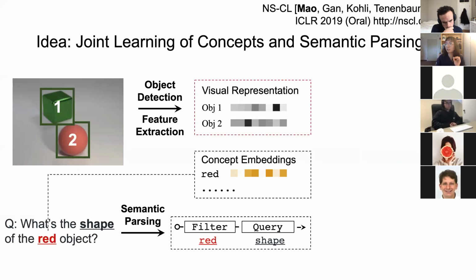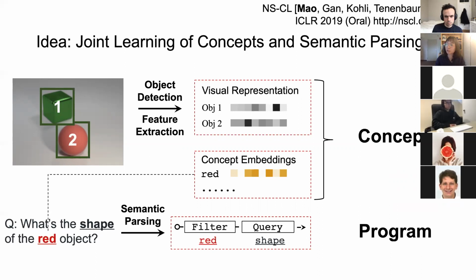So we're interested in learning three things in this loop. The first part is the visual representation for various objects. The second part is the concept embedding for different words. These two parts essentially form the concept learning part. The third thing we want to learn here is the symbolic program behind the natural language questions.